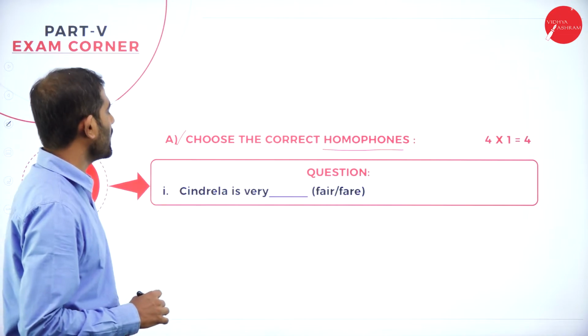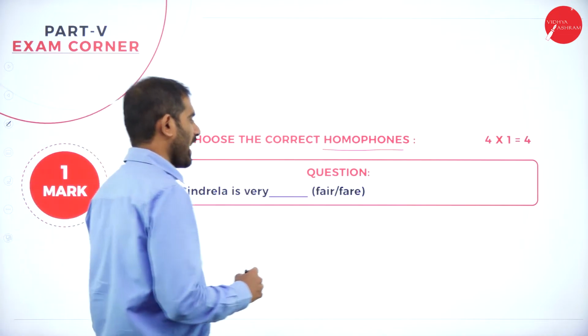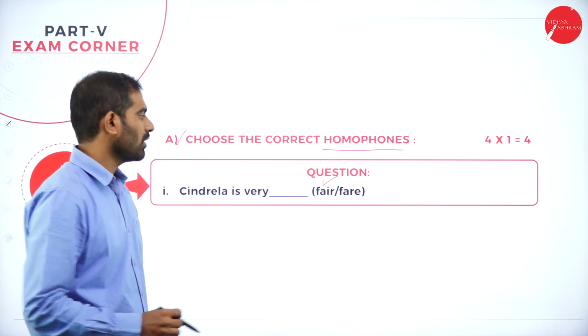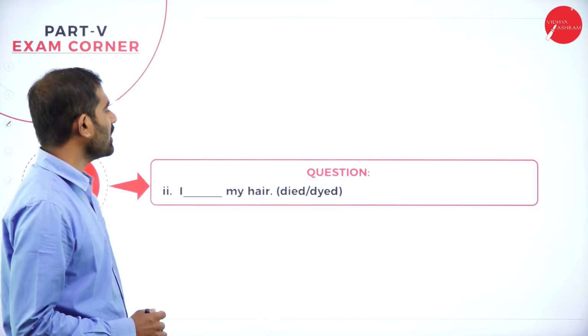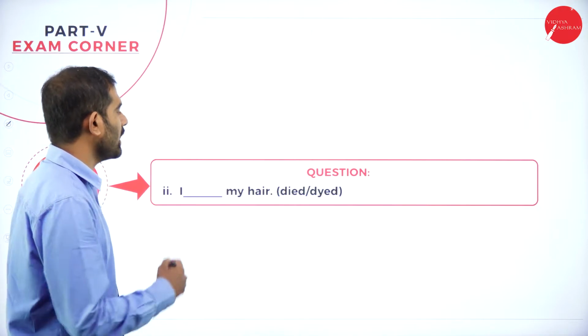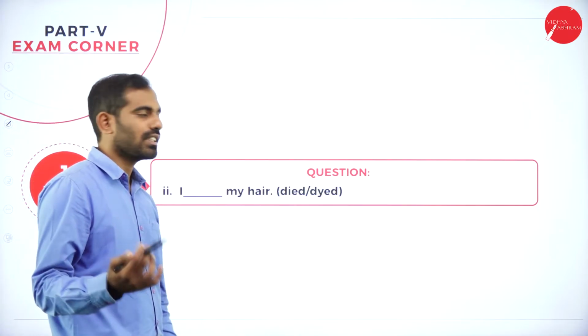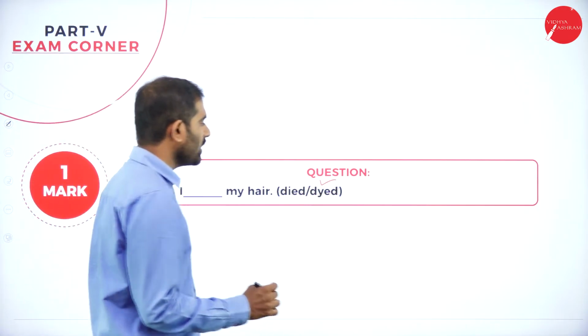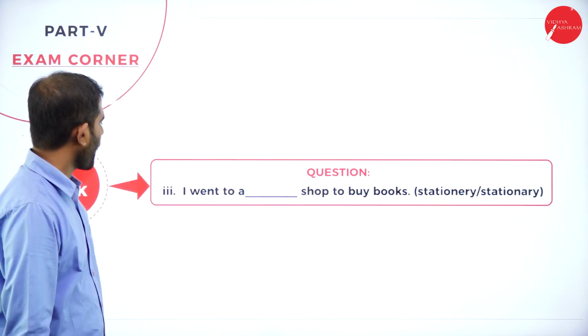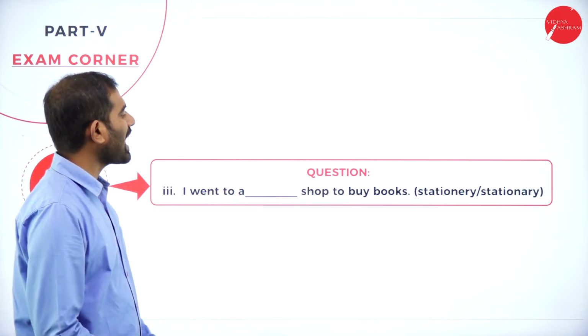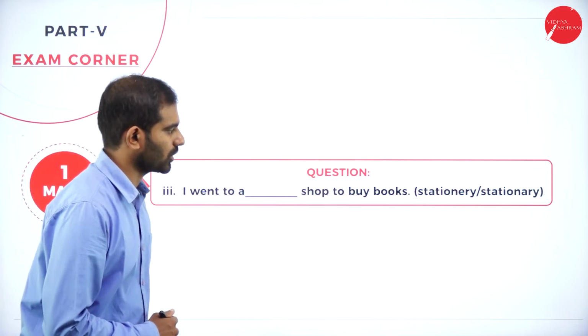The first question is, Cinderella is very fair. This fair is ticket fare, the money. Next one, I dyed my hair. Now, which is this dyed? I dyed my hair. Next one, third one, I went to a dash shop to buy books.